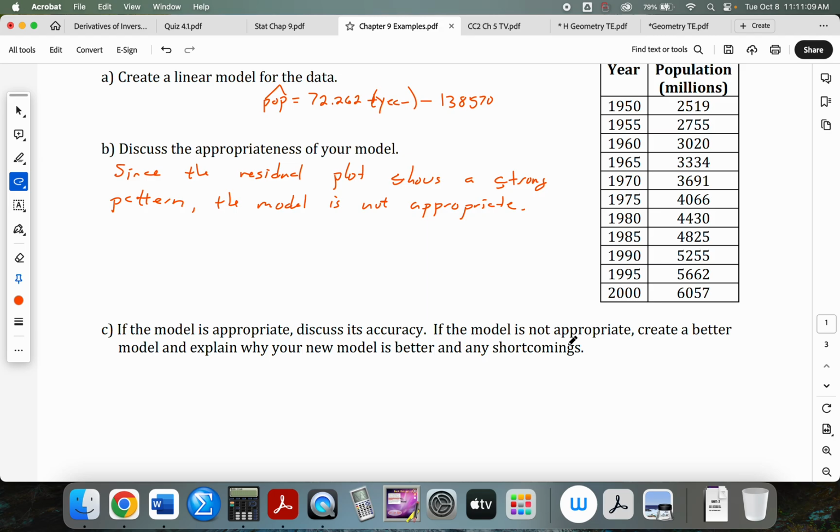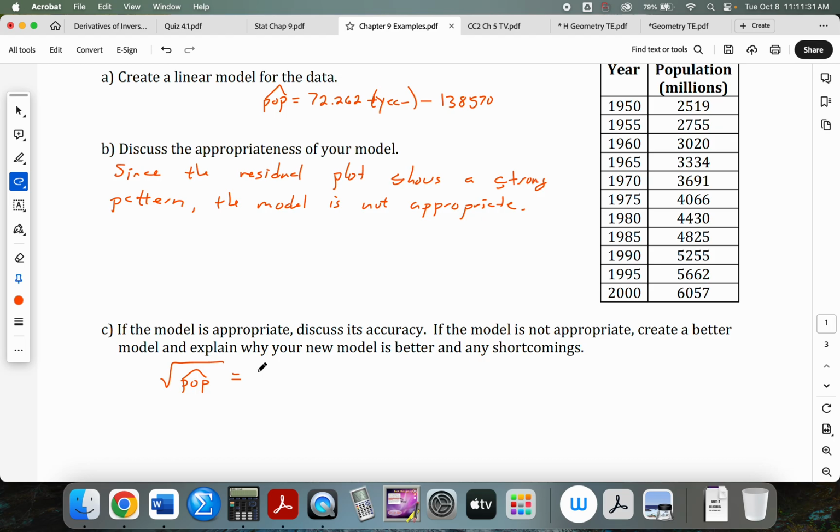So we created a better model. It's difficult for me to switch back and forth, but we did the square root, right? So the square root of the expected population, what did that end up being?